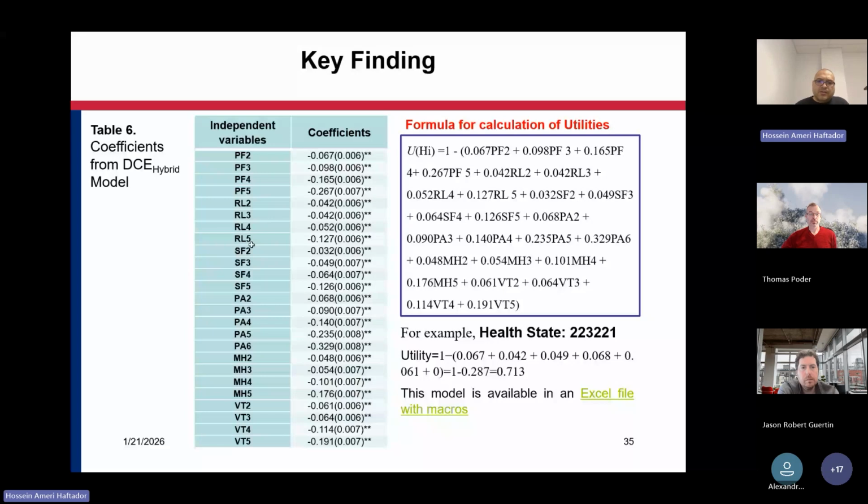So everyone can use this Excel file; they just have to put the number of every questionnaire answer in a different column.